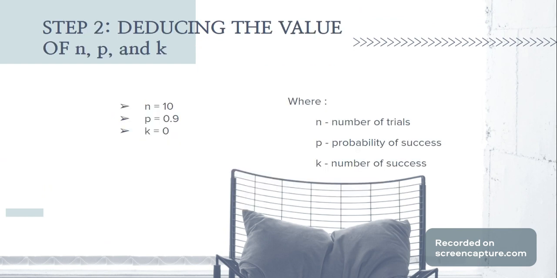So the next step will be now deducing the value of n, p, and k. We were told that this new therapy for breast cancer was tested on 10 patients from Western province. So our n will be equal to 10. We also know that the probability of success, p, is equal to 0.1. However, we are not interested in the probability of recovering, rather, the probability of not responding to the treatment.